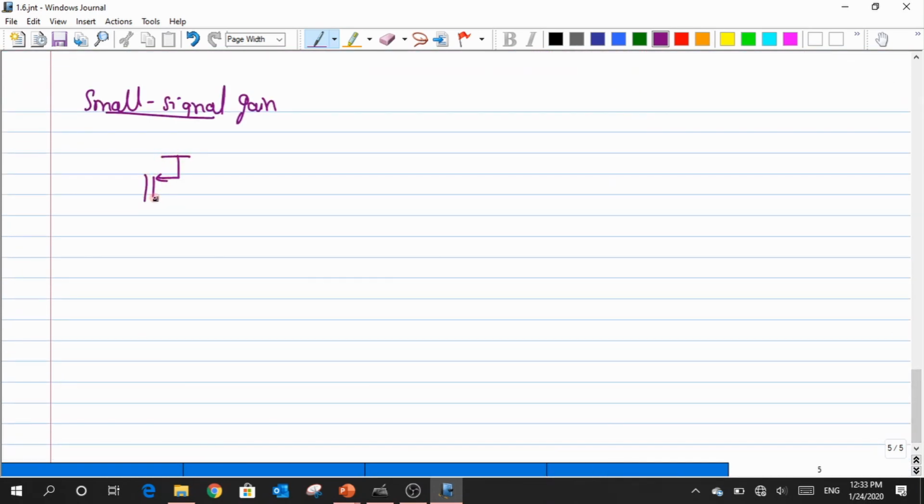So what is the small signal gain for the circuit? You should be in a position to quickly tell. This is my M1 and M2. So what is this gain? Gain is always the product of gm times Rout, right? So what is the gm of the circuit?